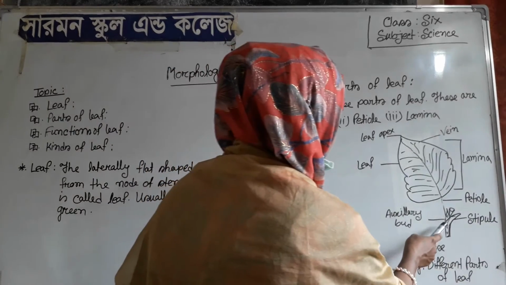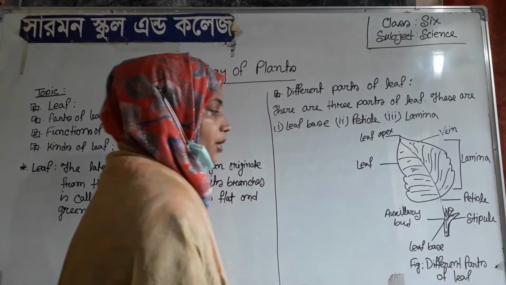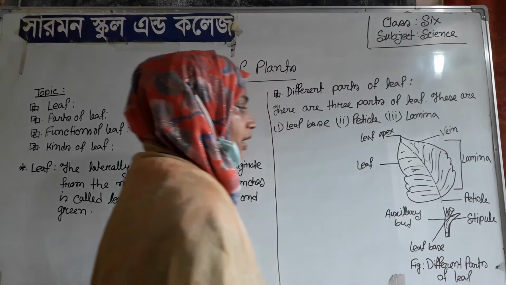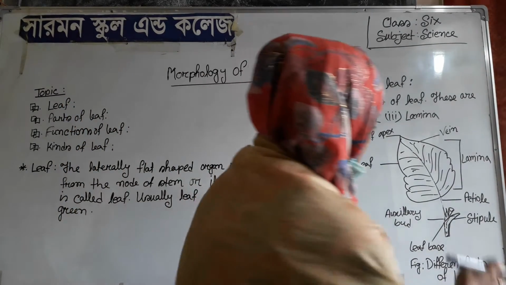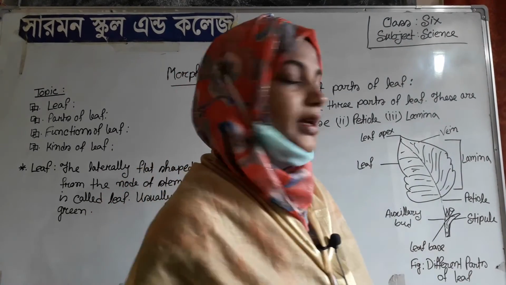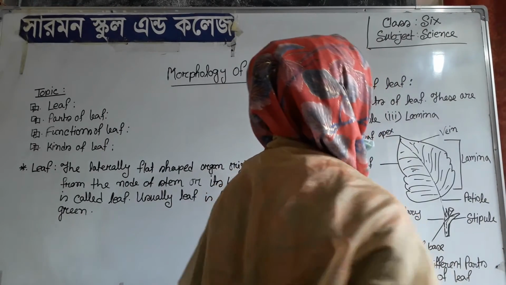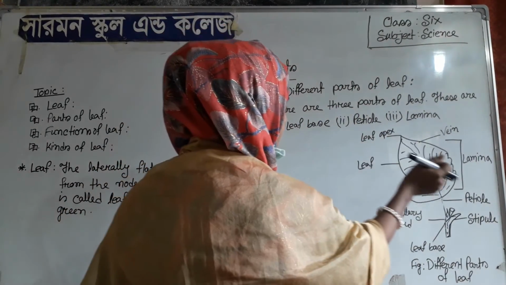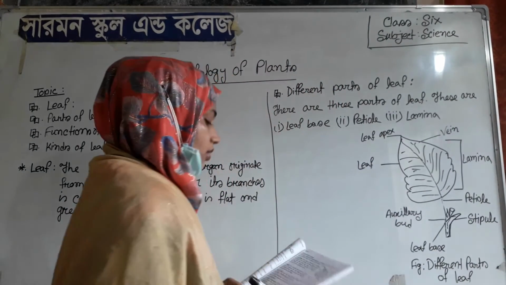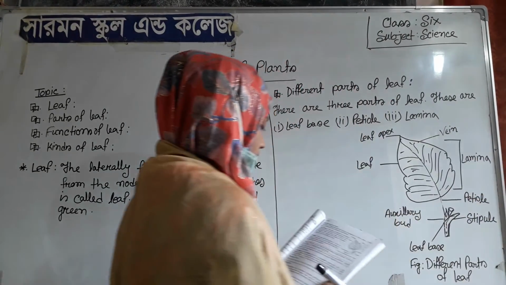Petiole is cylinder-shaped and connects the leaf base and lamina. Lamina is the flat and extended part situated next to the petiole.